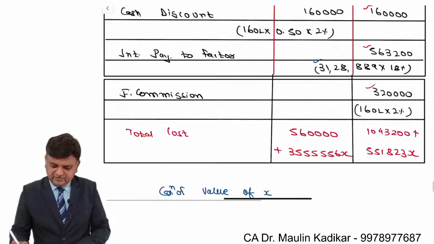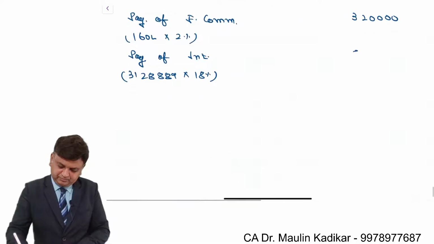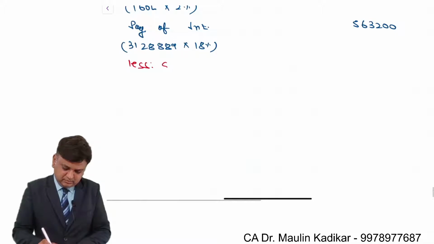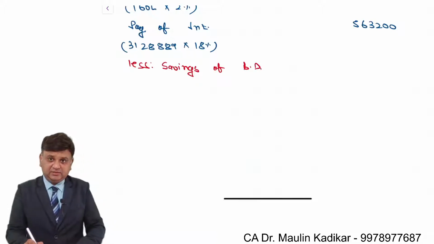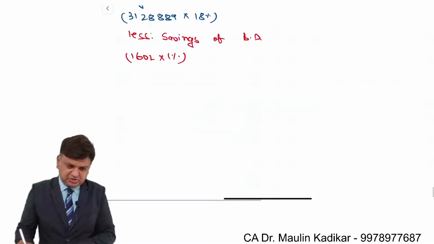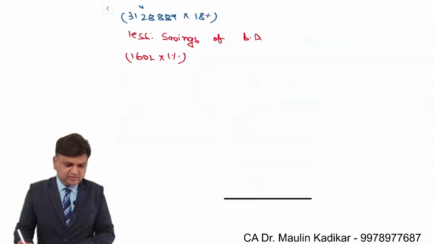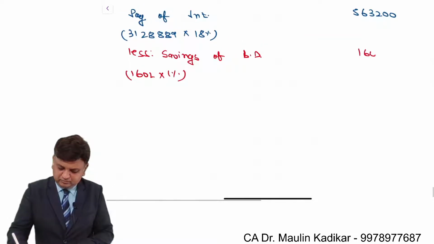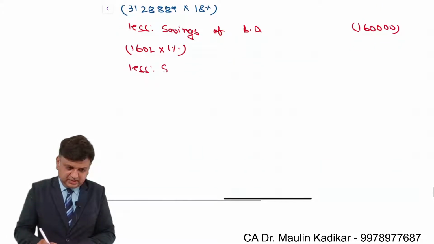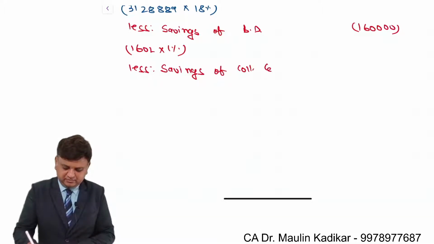So it is 563,200. Less savings of bad debts, 160 lakhs into 1%, because right now 1% of the customers default. So 1,60,000. Less savings of collection cost, 2,40,000.